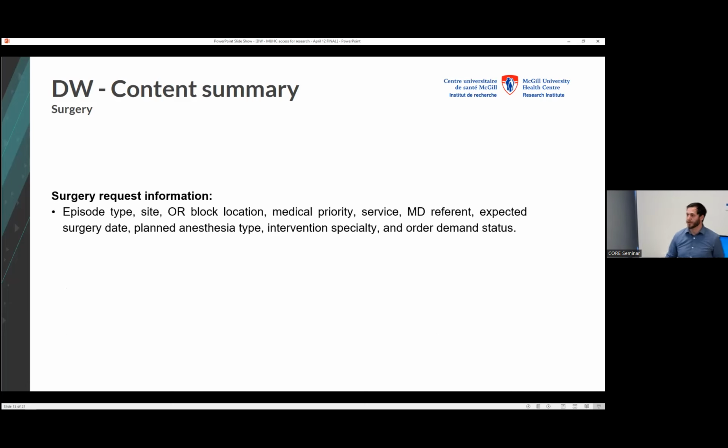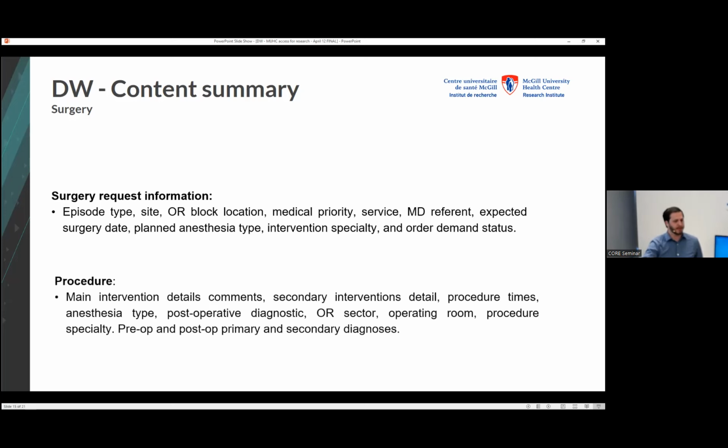So about the surgery, we have surgery request information, and the procedure itself. In the surgery request information, we have the episode type of the request. So maybe it was a request made during the hospitalization, or it was another episode that the patient had at the moment of the request. The site, the operation room block location, medical priority, service, MD reference, expected surgery date, planned anesthesia type, intervention specialty, and order demand status.